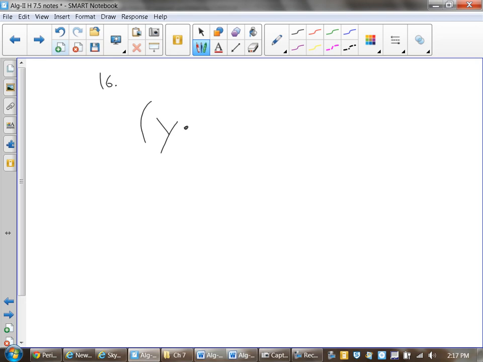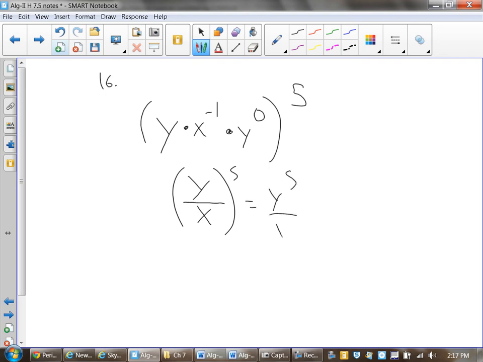I have y times x to the negative 1 times y to the 0, all to the 5th. What is anything to the 0 power? 1. So that means right now on the interior here I have y over x, all to the 5th, which is y to the 5th over x to the 5th.